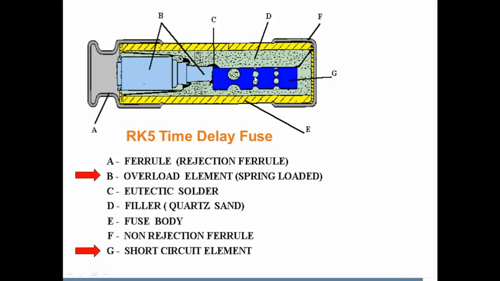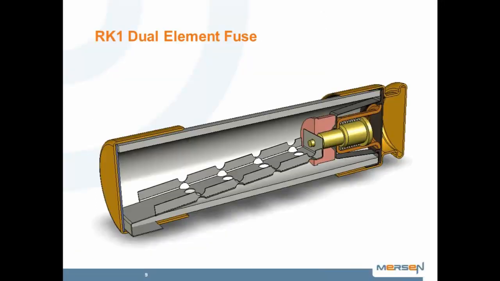And let's see the difference between an RK1. RK1 is a more modern design. It has a more compact time delay mechanism. It has special alloys in the short circuit strip, including a lot of silver.